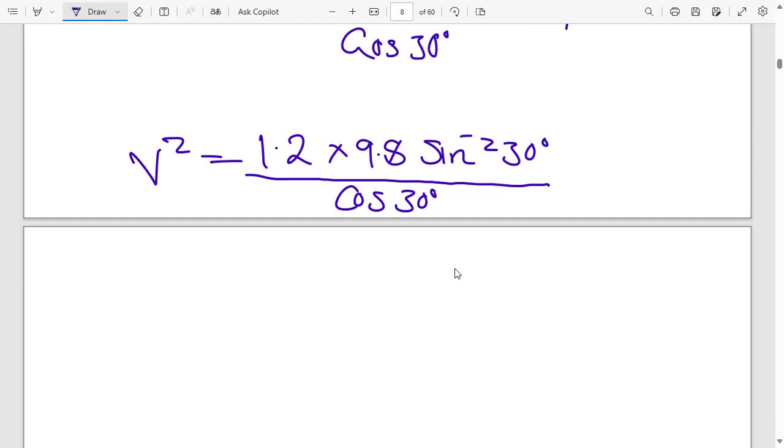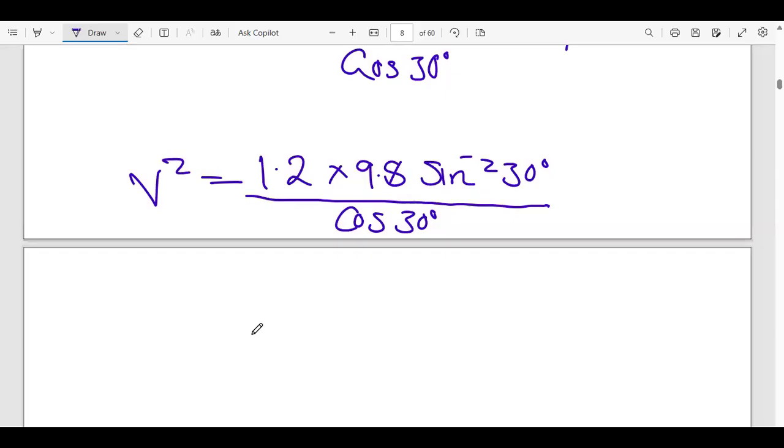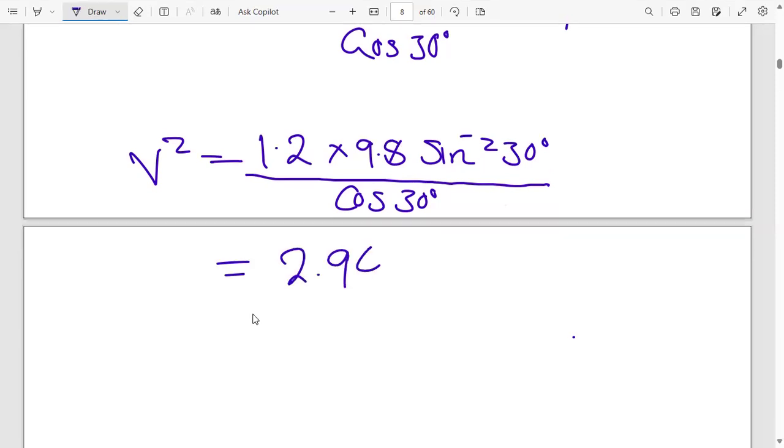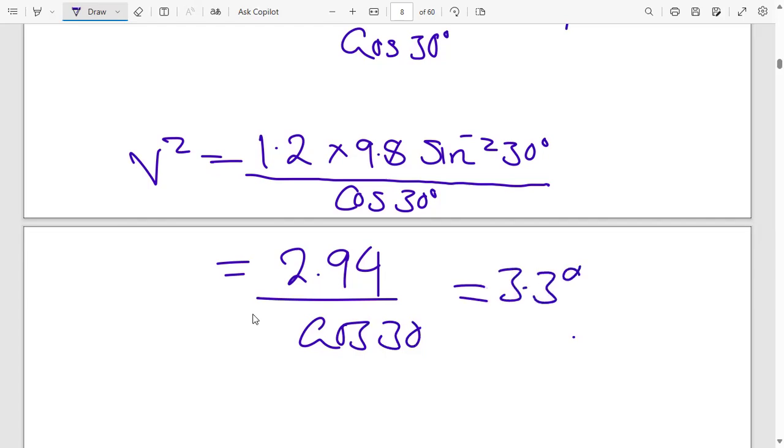What have you found there? So the numerator is equal to 2.94, and this divided by cos 30 degrees should give you 3.39, like that.